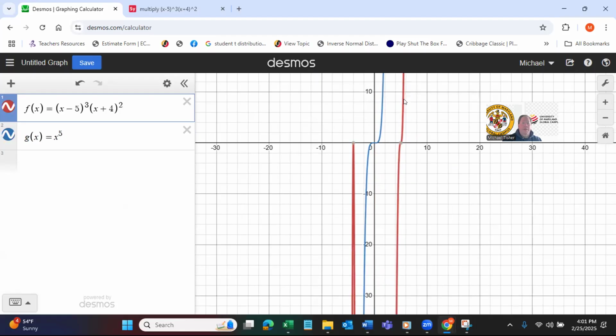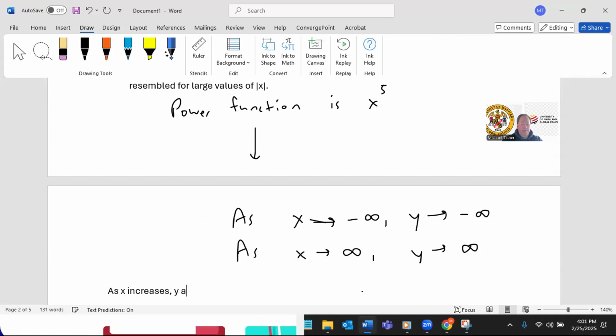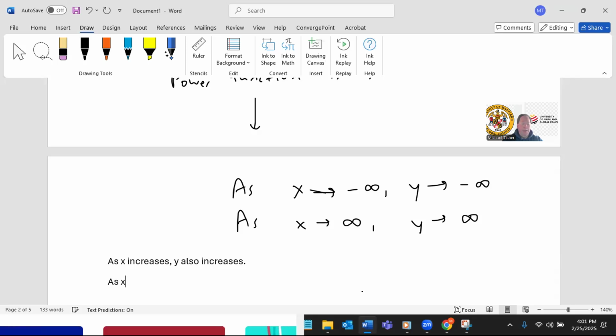So the power function gives us an overall view of what's happening as we go either to the left as far as we can or to the right as far as we can. All right, so that's the end behavior. And alternatively, we can even write as x increases, y also increases. And likewise, as x decreases, y also decreases.